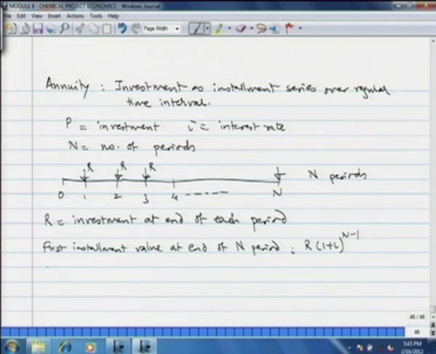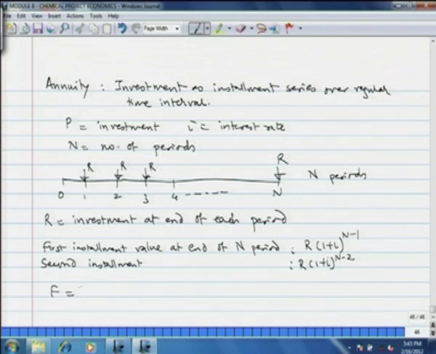The second installment, the value is R into (1 plus i) to the power n minus 2, and so on and so forth, and the final deposit at the end of n period is R.